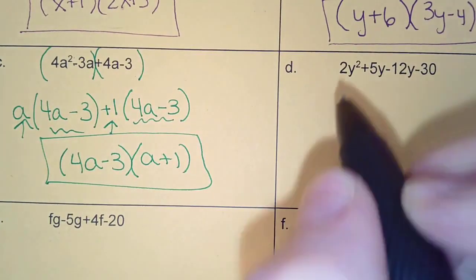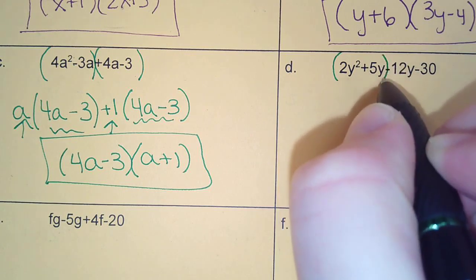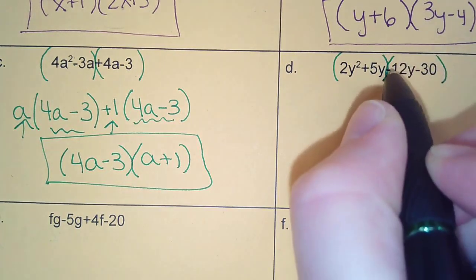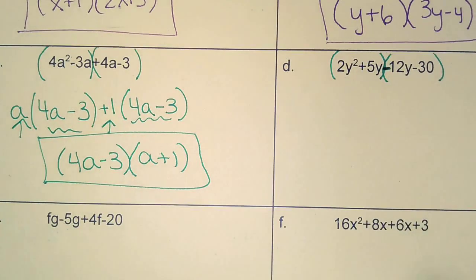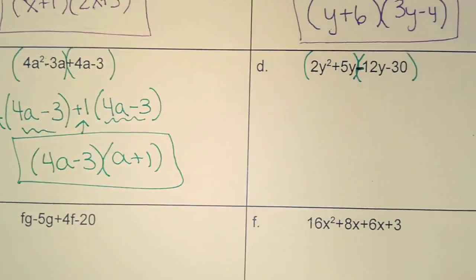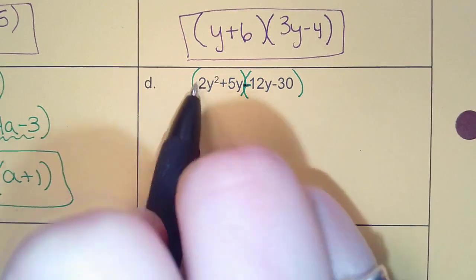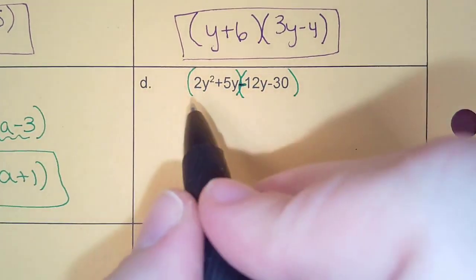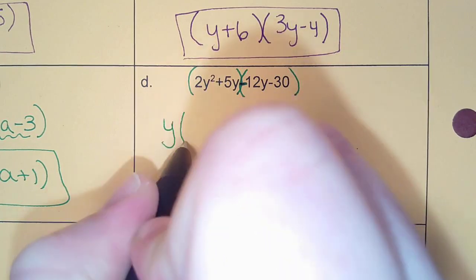Part D. I'm going to group the first two together, last two together, making sure I have that negative sign with the negative 12y. So my GCF of 2y squared and 5y, all I can take out is a y.